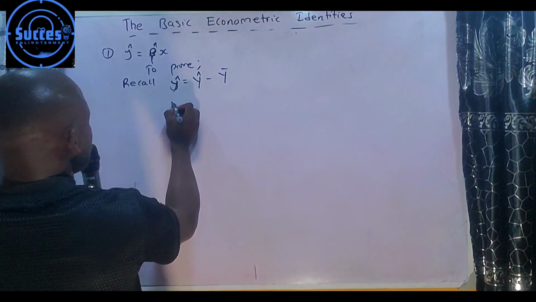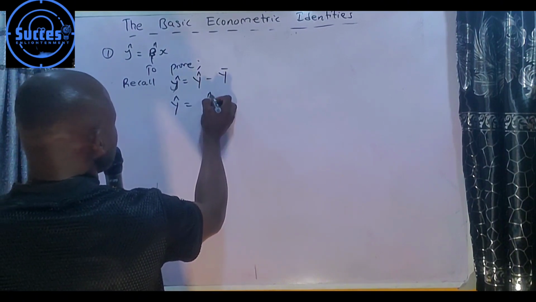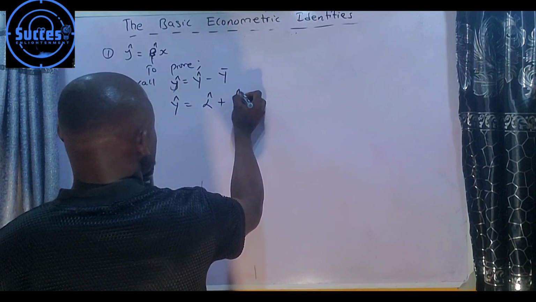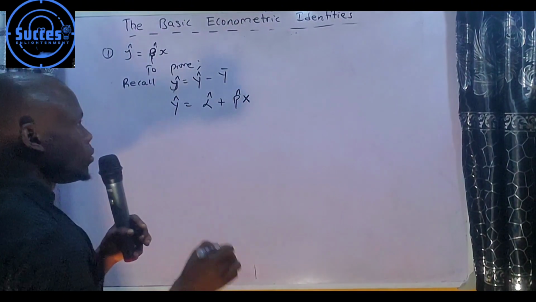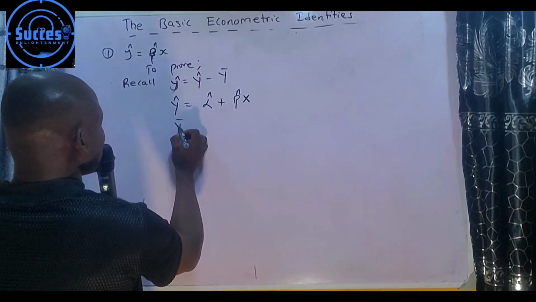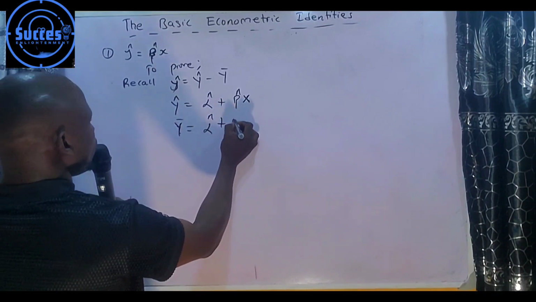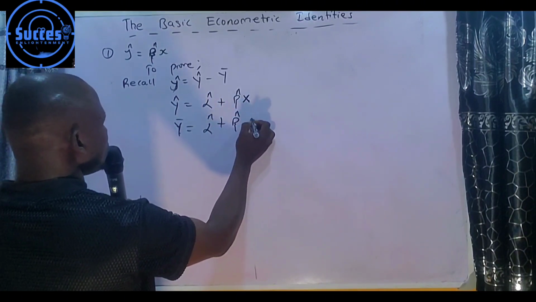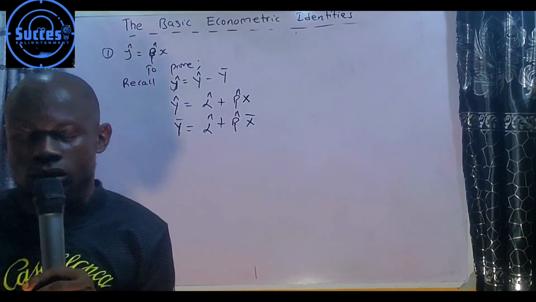Our capital letter Y cap is alpha cap plus beta cap X. Don't forget this one is capital letter X. Our Y bar, capital letter Y bar, not small letter y, equals alpha cap plus beta cap X bar. Are we getting it?